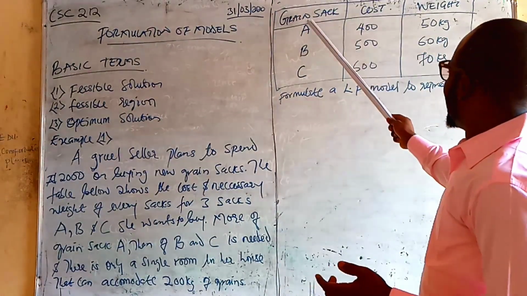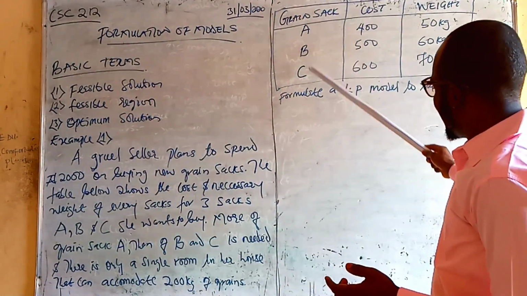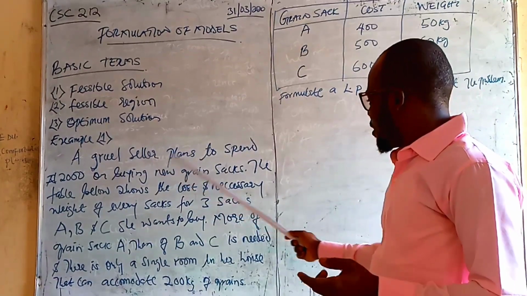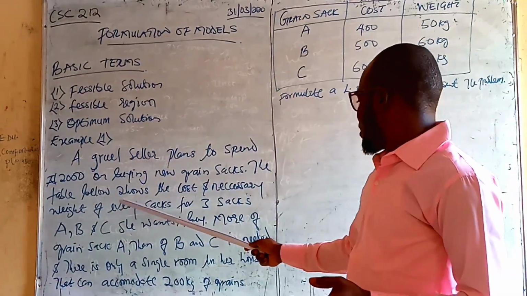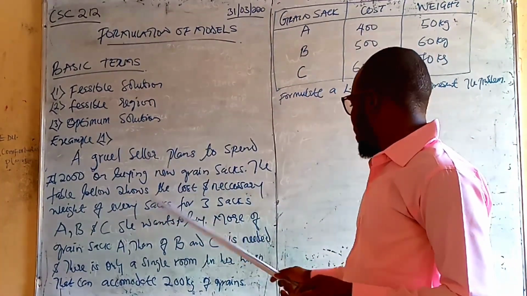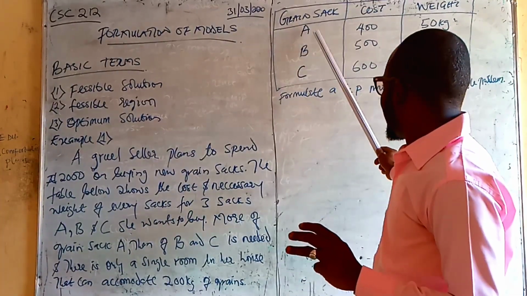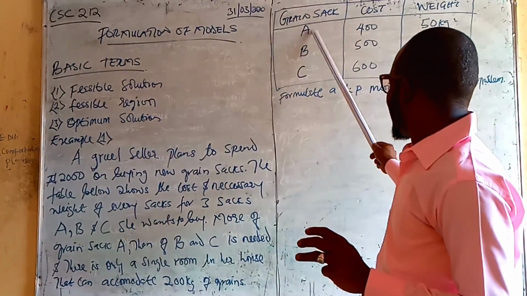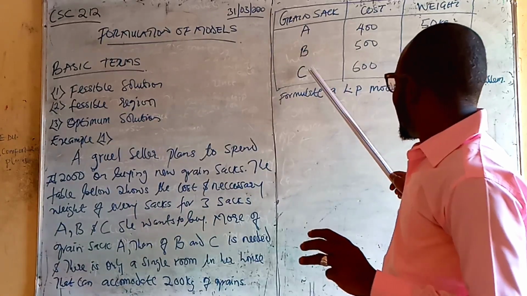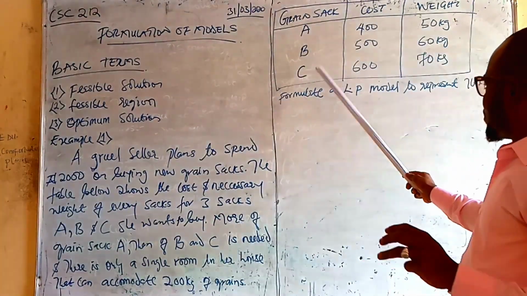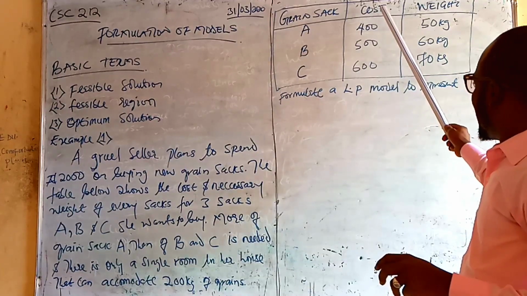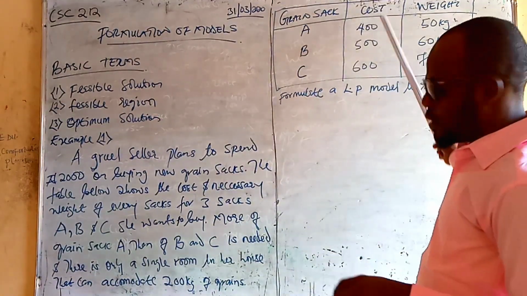This is grain sacks A, B, and C. As stated in the problem, we have 3 sacks: grain sack A, grain sack B, as well as grain sack C. The cost of the grain sacks is given as follows.